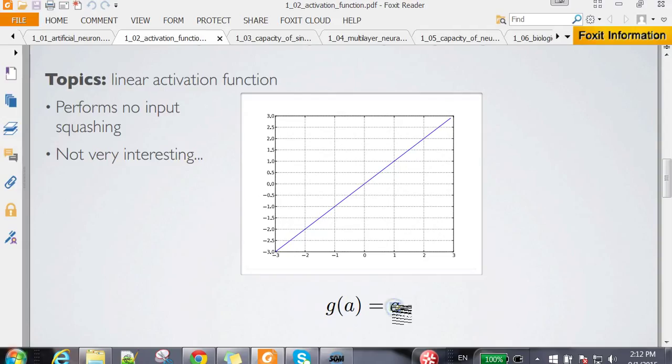That's very linear, and it's not very interesting. It also doesn't satisfy a requirement that it's between -1 and 1. But anyway, we could do this kind of activation function. That would be called a linear activation function.